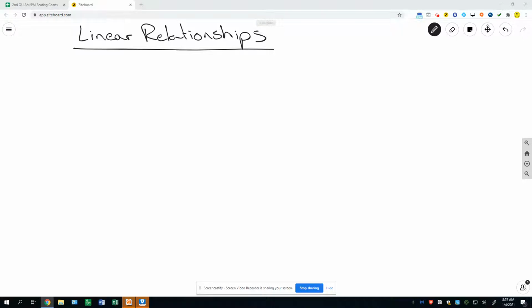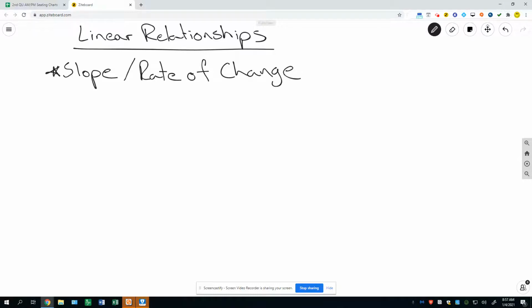The big thing that we're going to talk about here is slope, which is also known as rate of change. And there's a couple of different ways we're going to look at this. It all talks about the same thing, but slope is rise over run.